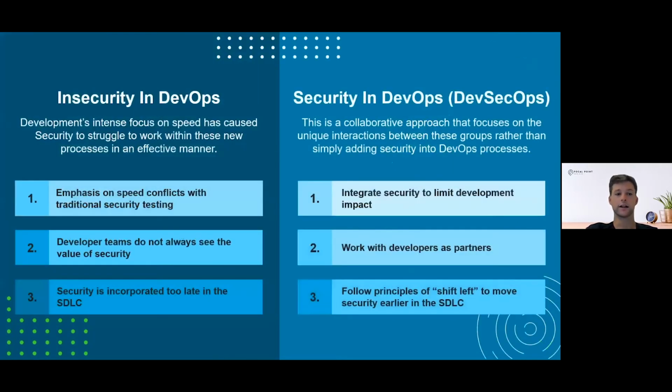Now, a couple of things to talk about, and I promise very quickly we'll get into the tactical recommendations. First of all, insecurity in DevOps and how that ties into DevSecOps, because despite what we just talked about on that last slide, DevSecOps really has stemmed from the security challenges that were originally in place with DevOps.